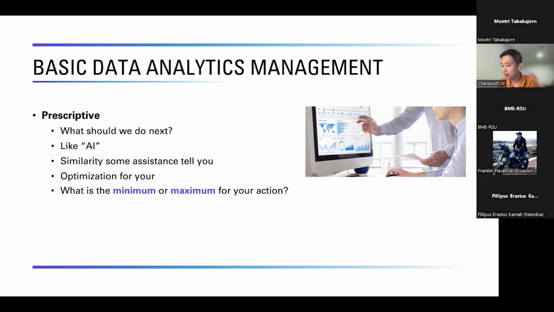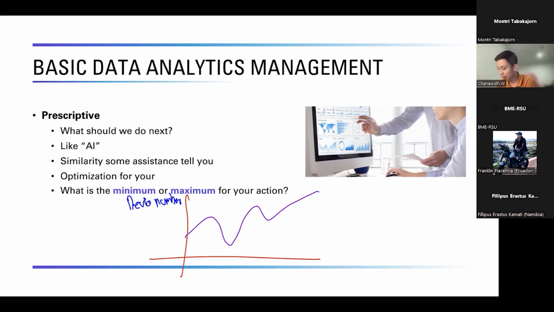For example, in the same graph, the data tells you, if the future is in this case, what should you do? And if the data shows this case, what should you do also? The data can tell you this, like AI. It's the fourth type, prescriptive.